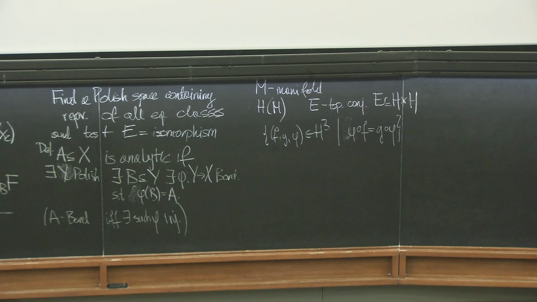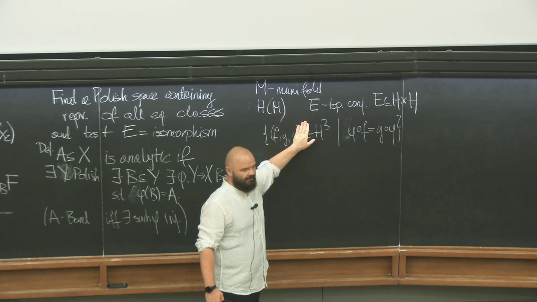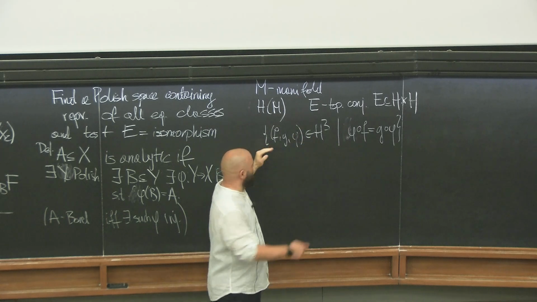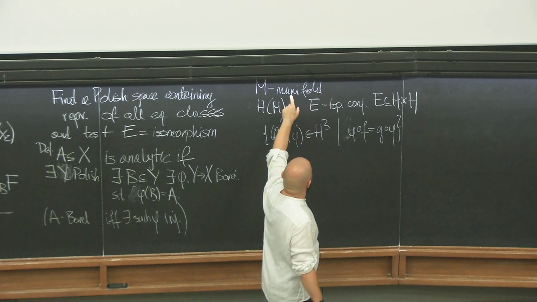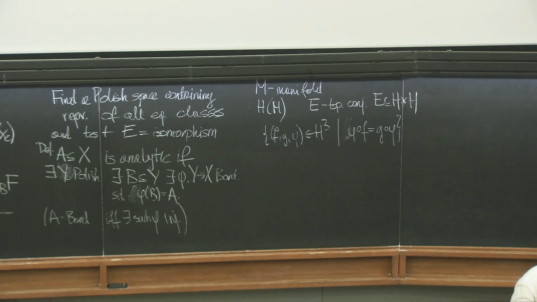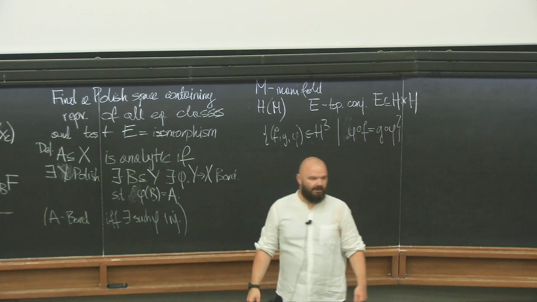And now we project this set from the space of triples to the space of pairs by simply forgetting the third coordinate. And this proves that this is an analytic relation, right? Because for compact manifolds, the space of homeomorphisms is actually a Polish group, and we have the kind of reduction we wanted.